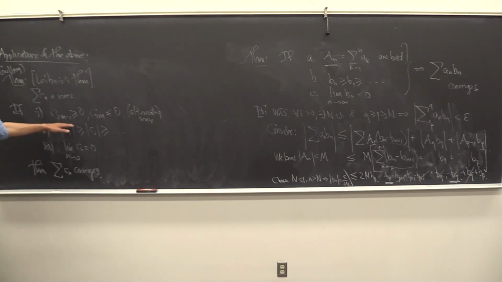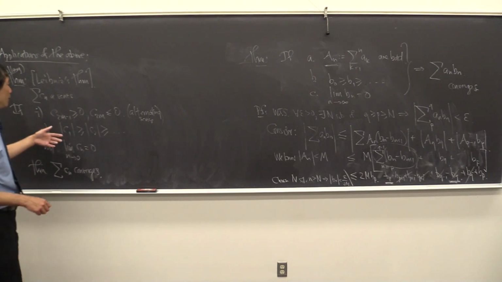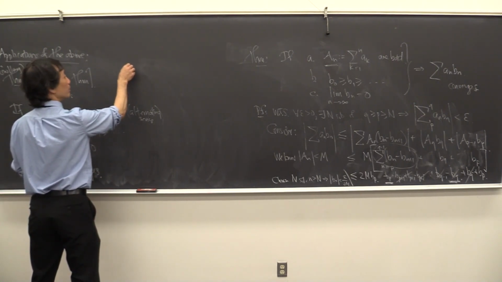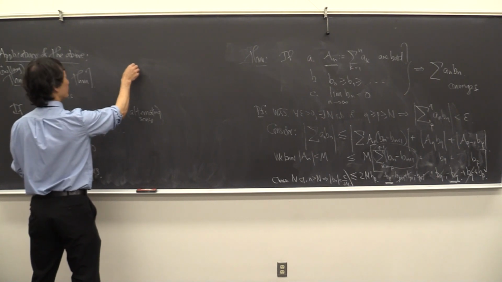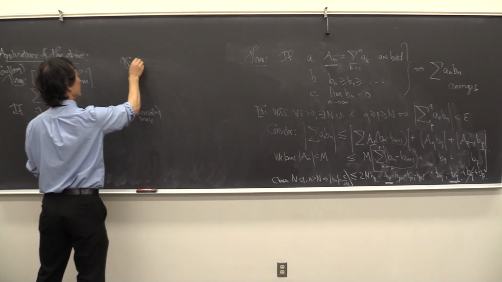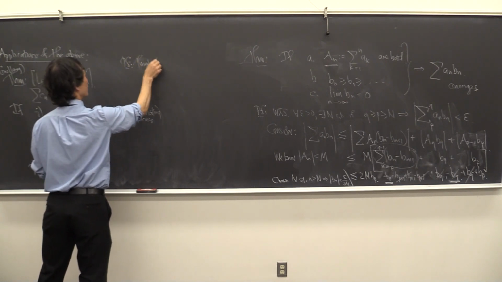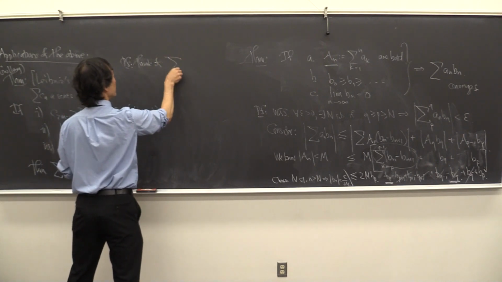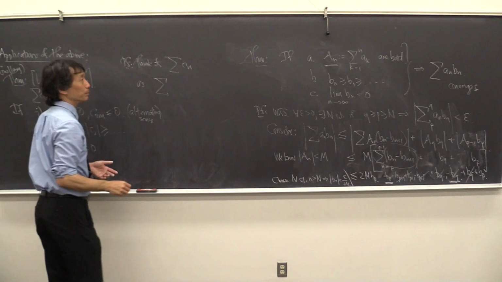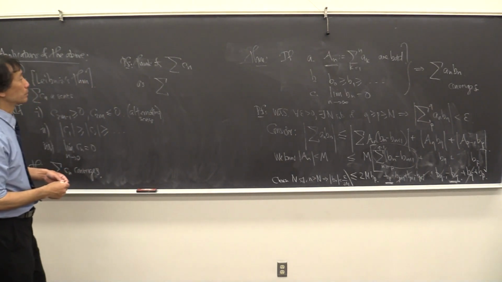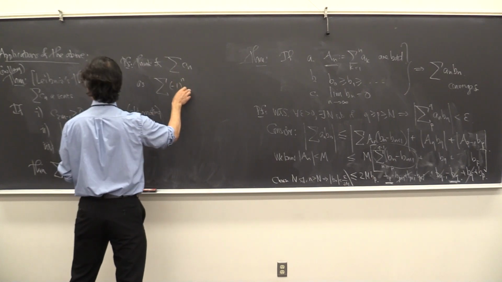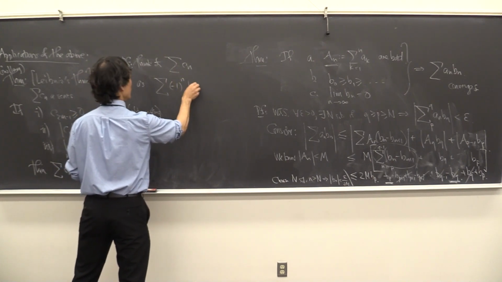What you do is you say, well, look, think of the series as the summation of (-1)^n times the absolute value of c sub n.